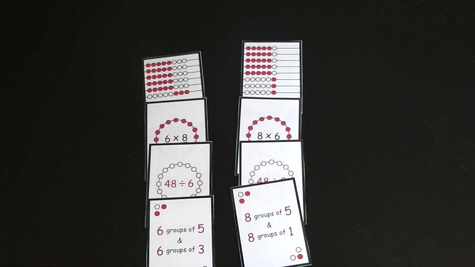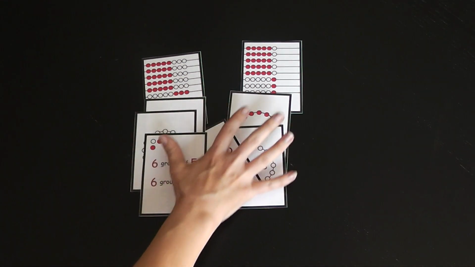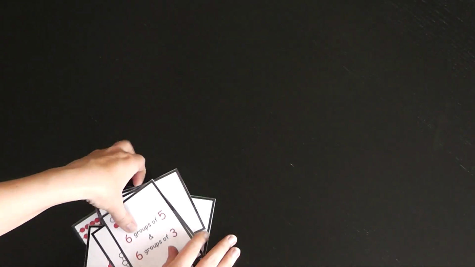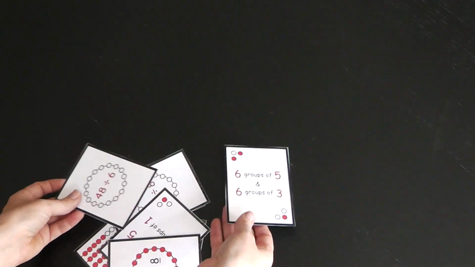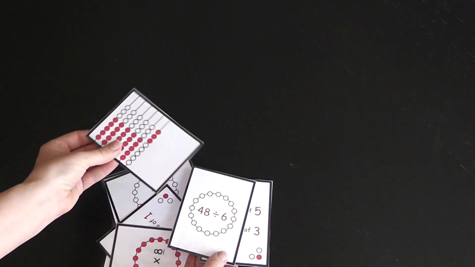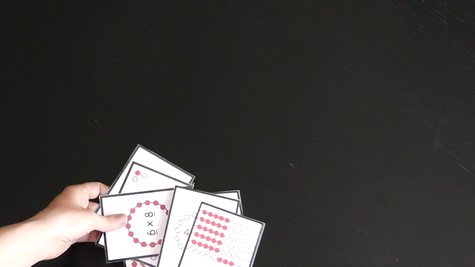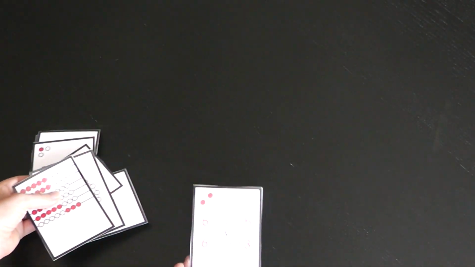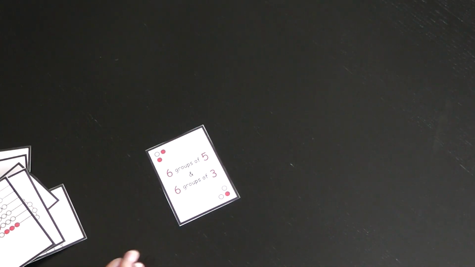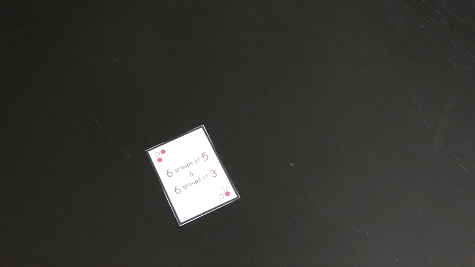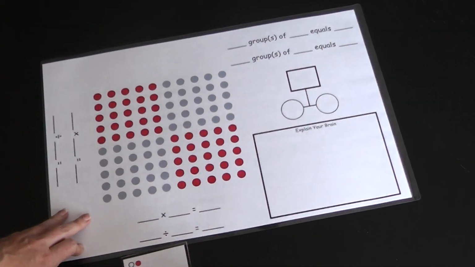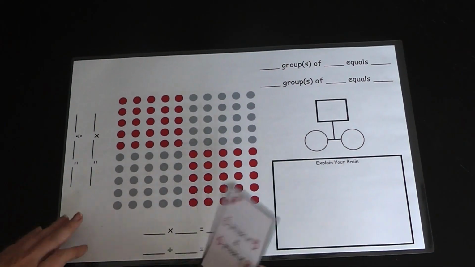These cards can also be task cards that you can use in addition to a math mat. So for example, you could have students randomly take one of these. It doesn't matter. It could be a groupings card, it could be one of the picture cards, and they are going to fill in the information that is missing. So I'm just going to grab this one here, the 6 groups of 5 and 6 groups of 3, and I'm going to add it right here.